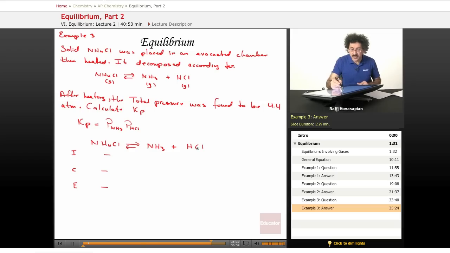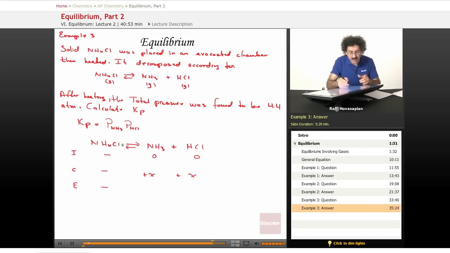Our initial NH3 and HCl concentration, well, we started off with solid NH4Cl, so initially there's none of these. The change, well, a certain amount shows up. That certain amount is what we want. So plus X, right? So again, you have to see what the question is saying.